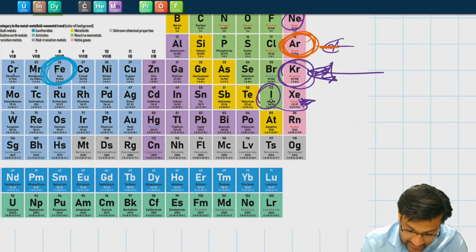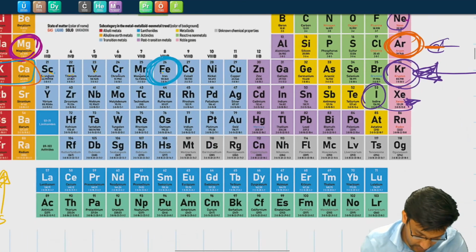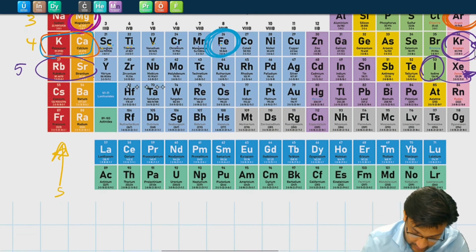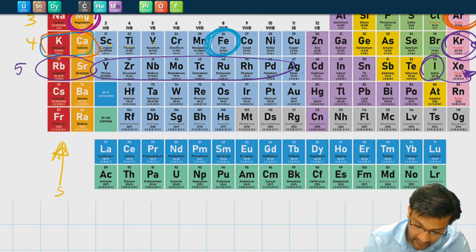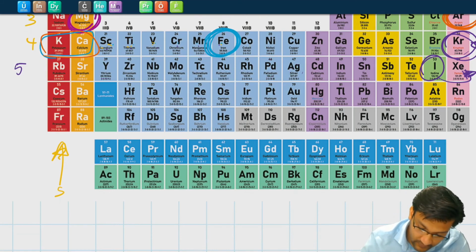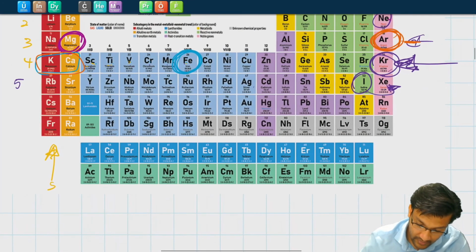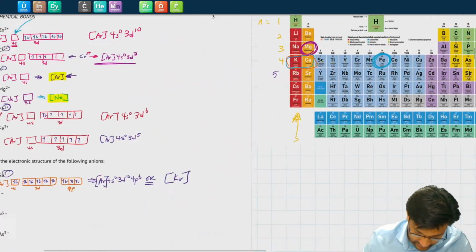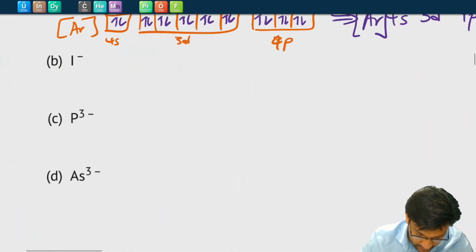Okay, so for iodine, we'll start with krypton. Then we'll do the 5s, so this is n equals 5, 5s orbitals, then 4d, remember this is one lower, 4d, and then 5p. And 5p will have 1, 2, 3, 4, 5 electrons in it for iodine. So for regular iodine, we start with krypton.